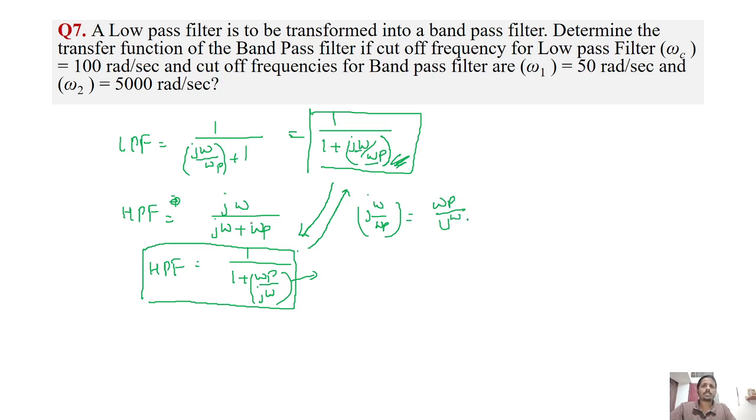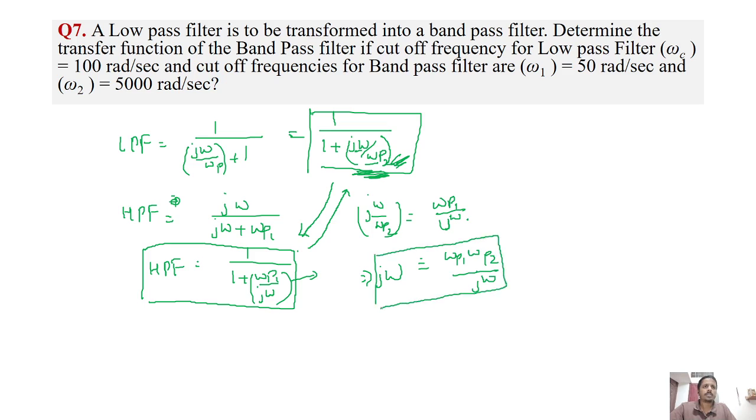But here, since we are also dealing with cutoff frequencies, we call them omega p1 and omega p2. I will replace j omega by omega p1 omega p2 by j omega. So in the low pass filter, j omega is equal to omega p1 into omega p2 by j omega.